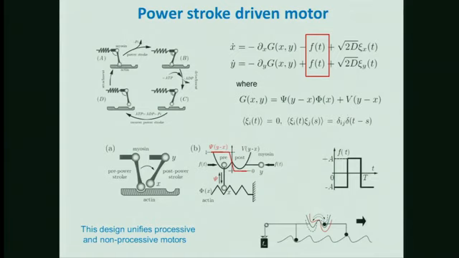So this is a kind of a mixture of rocking and flashing ratchet. But it's important that ATP activity acts through the power stroke. And in this sense, it brings this model of a non-processive motor very close to the model of processive motors, because that's how they work. They are driven by the conformational change between the two legs. Here it's a one-legged motor, kept, of course, by the fibers near the actin filament, but working the same way.